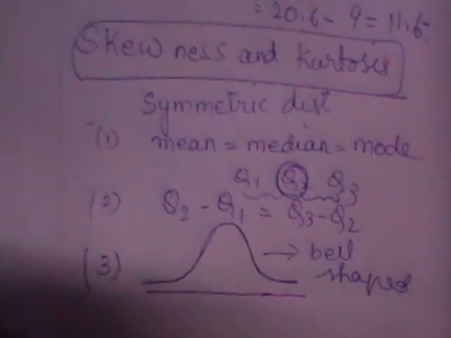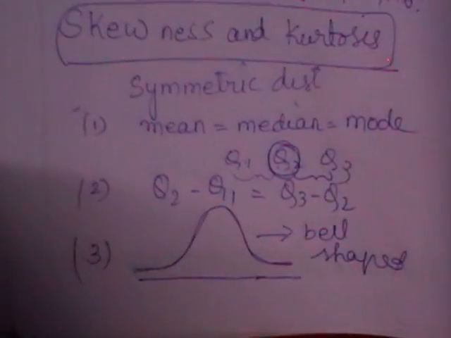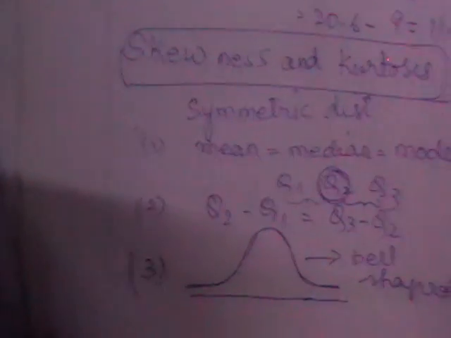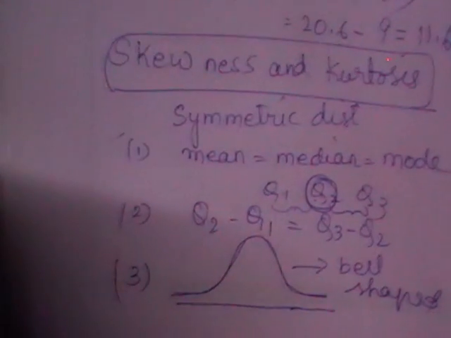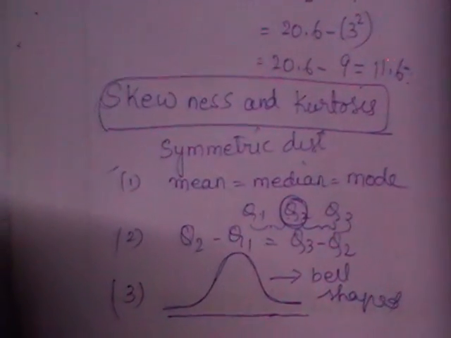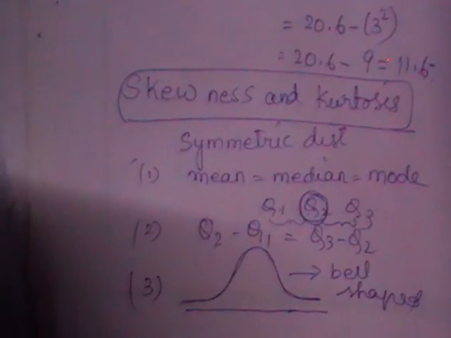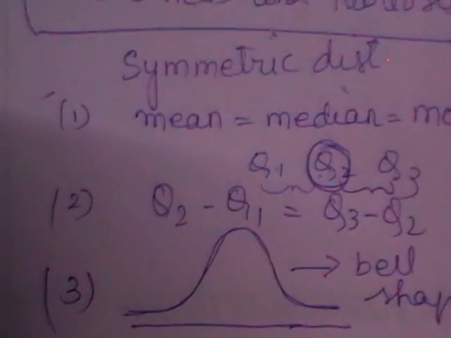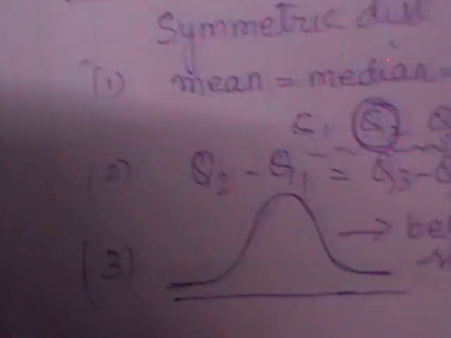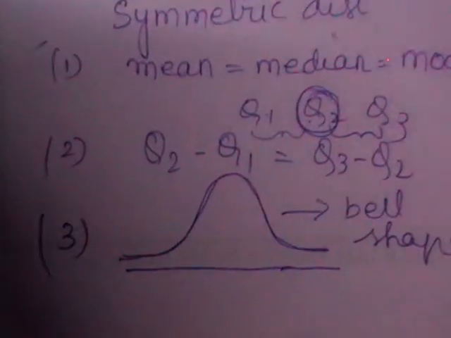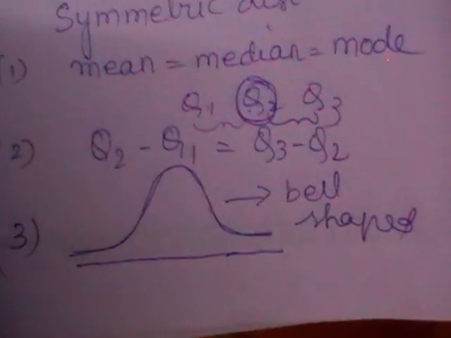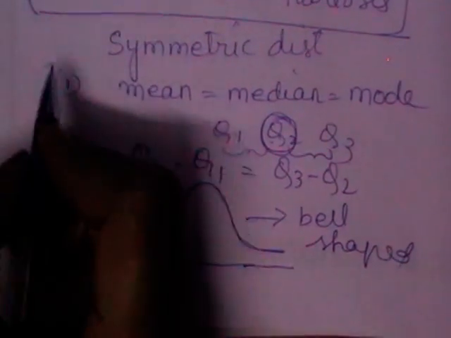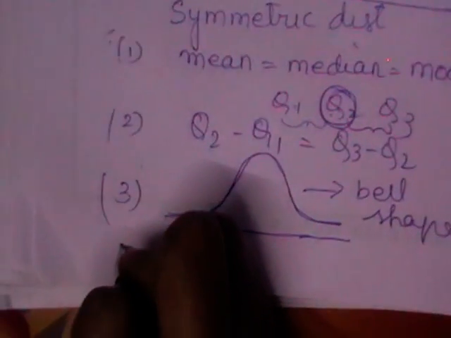If the three conditions below are satisfied, we say the given distribution is symmetric, that is, mean is equal to median is equal to mode, and Q2 is equidistant from Q1 and Q3, that is, among Q1, Q2, Q3, Q2 minus Q1 is equal to Q3 minus Q2, and after plotting the data on the graph, it shows a bell-shaped curve. Then we call the given distribution symmetric.